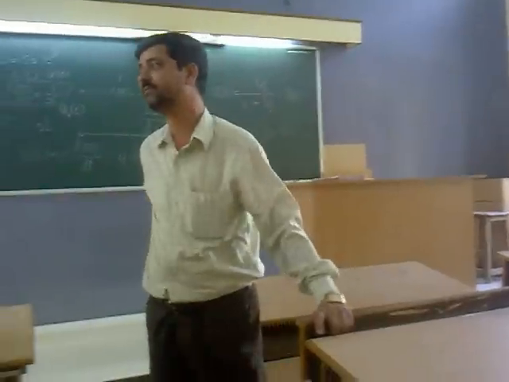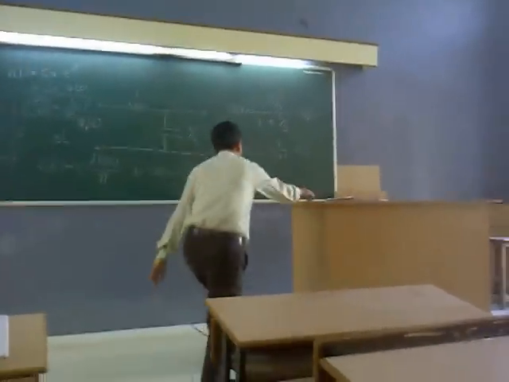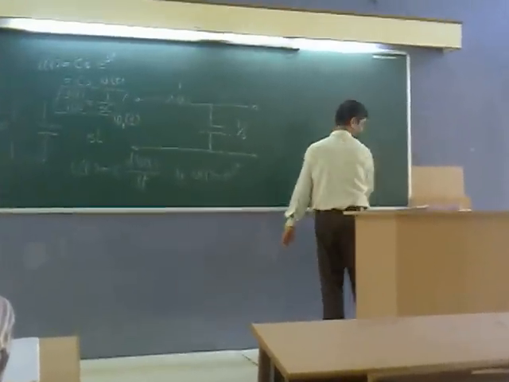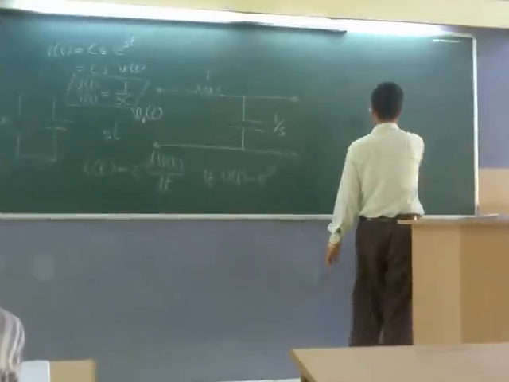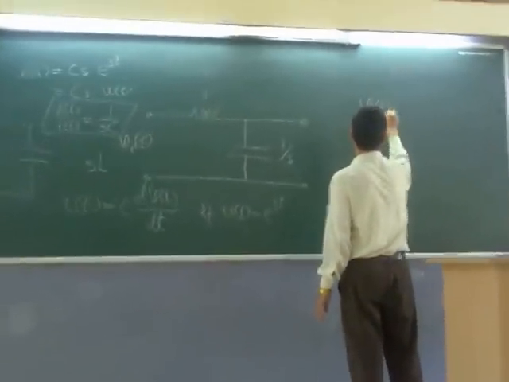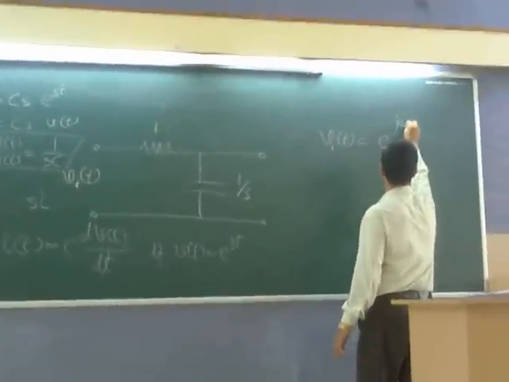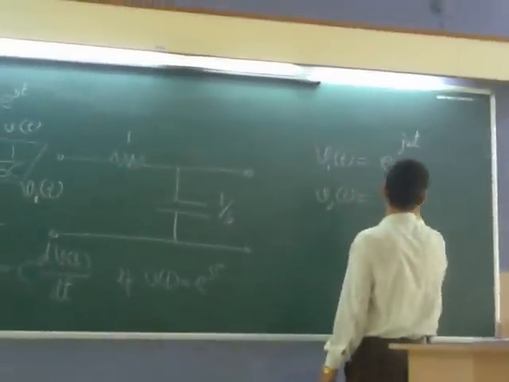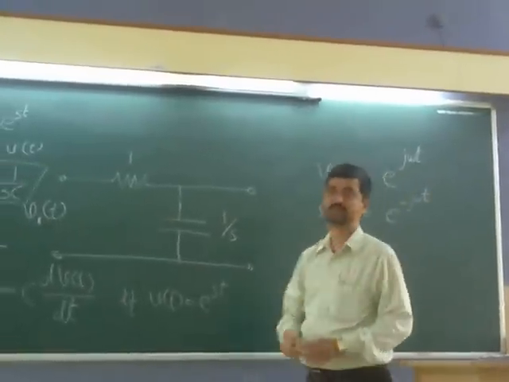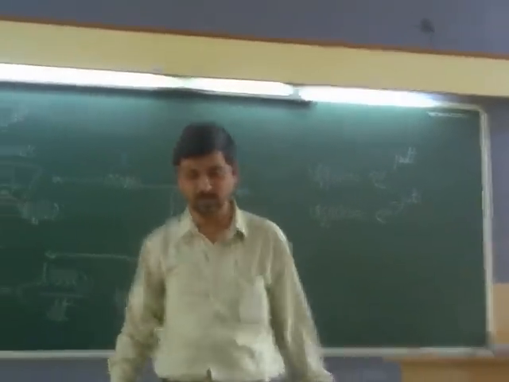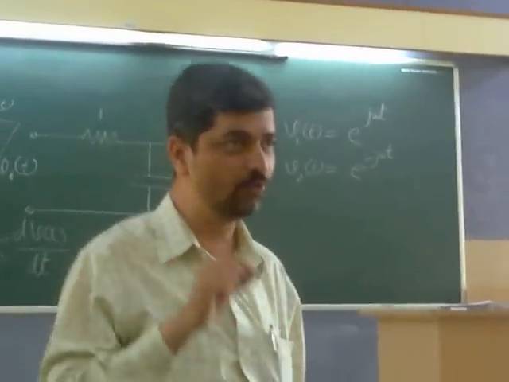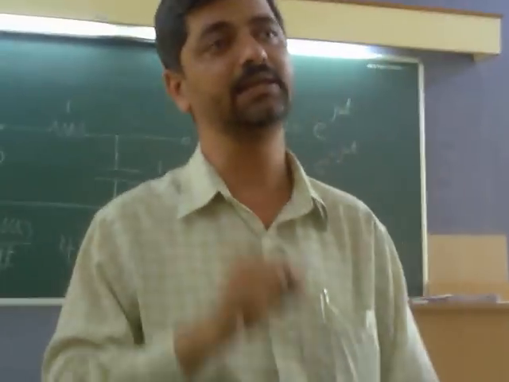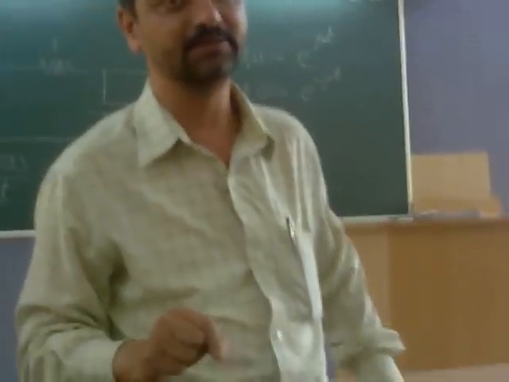So we have V1t equal to e raised to j omega t and V2t equal to e raised to minus j omega t.